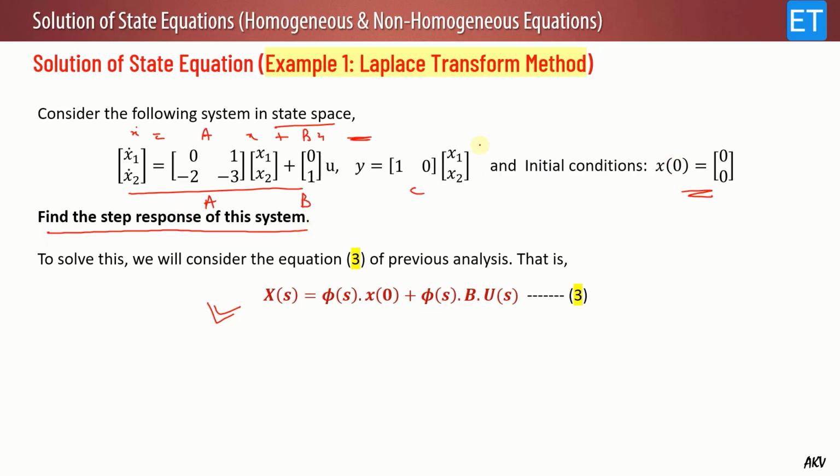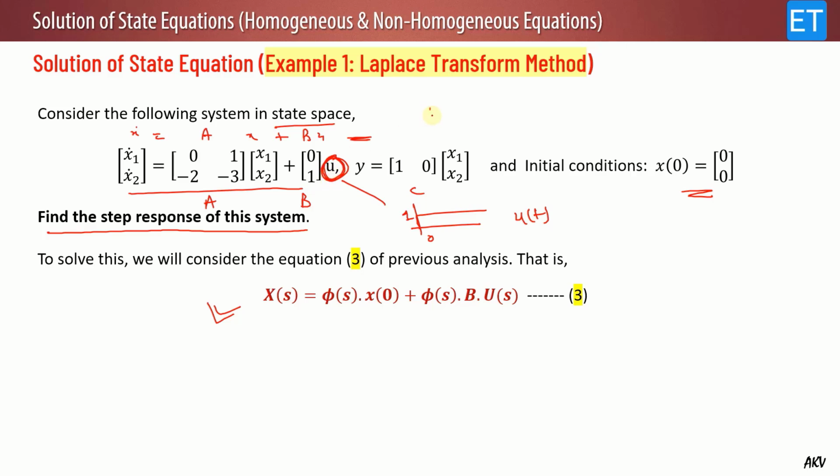Step response means this input is the unit step, which is represented by u(t). See, this u and this u(t) are different representations. Don't confuse them, this u is not always the unit step.